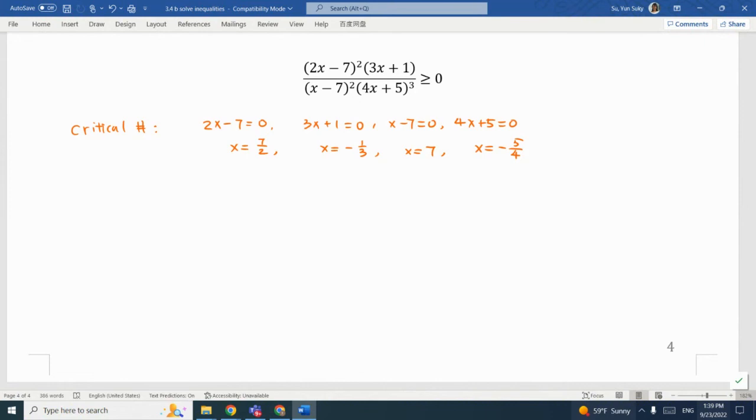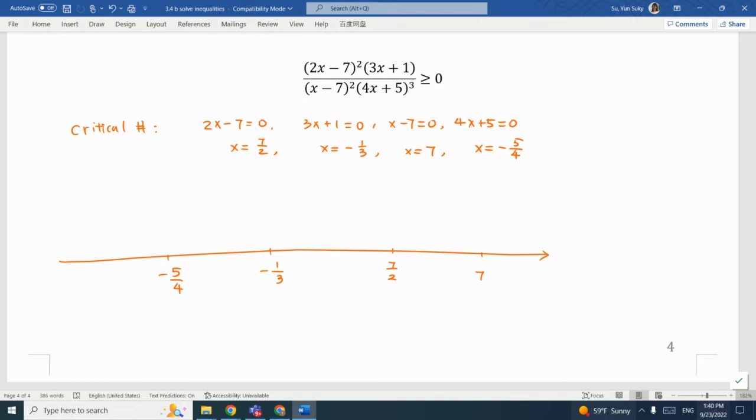So we can draw it, right? We draw it and let's see. Who is the smallest? Negative 5/4. And then negative 1/3. And then 7/2. And then 7. Good. Okay, look at each number. Here, open circle or solid circle?